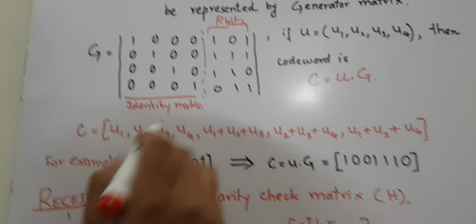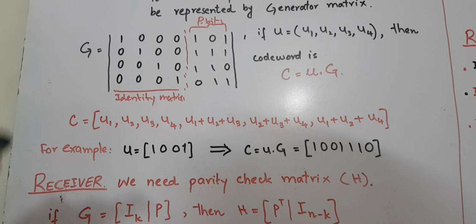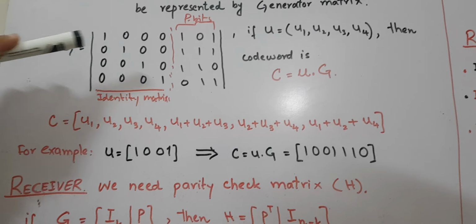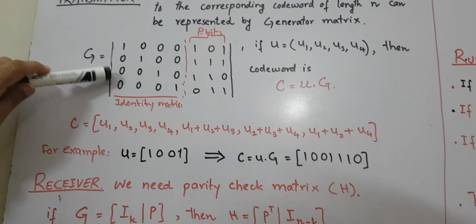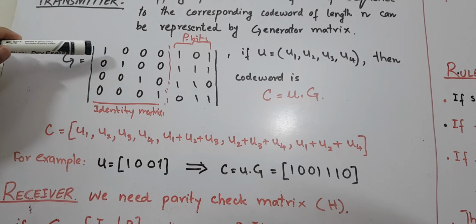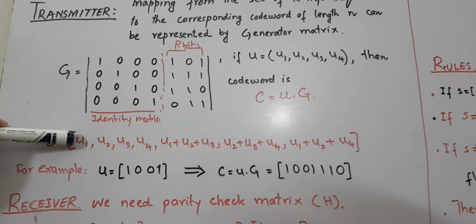For example, if you multiply with this generator matrix, it is a simple matrix multiplication. The first part is the identity matrix, so u1 will be multiplied with the first column, and there is a 1 only there, so we get u1.